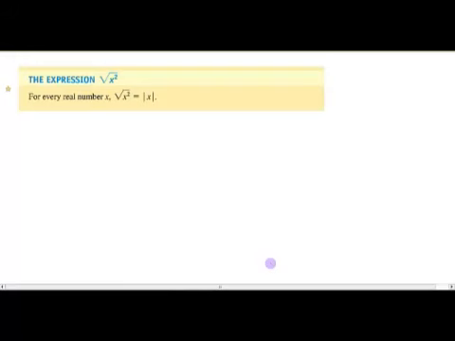The expression square root of x squared. For every real number x, the square root of x squared is the absolute value of x. So when we take the square root of a number, it needs to be the absolute value of that number. In other words, they're asking us here for what is called the principal square root or the positive square root of a number when they already have the square root on it.